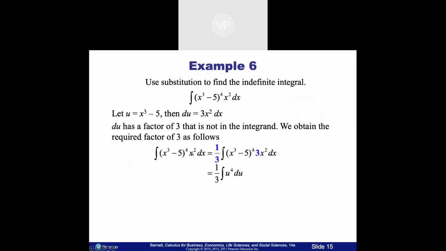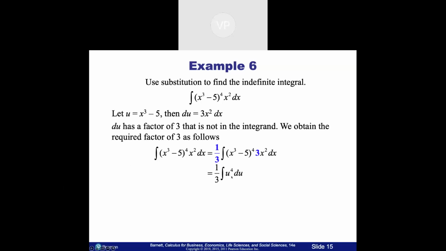Okay, so that's the quick fix. If this does not exactly match your du, which is going to be the case more often than not. Our first problems, we were just kind of spoiled and lucky on those. But now that's going to be the case where this was not exactly 3x squared. Oh, it's okay, I can put the number in there, then compensate by multiplying the front by a fraction. And notice that front number doesn't affect anything. All it does is just stick around to the end.